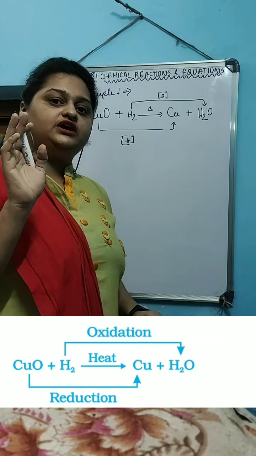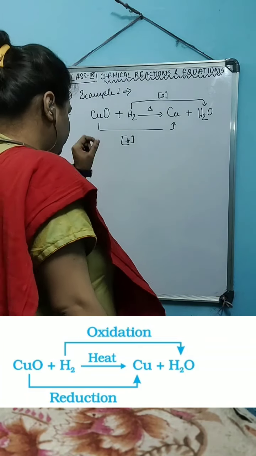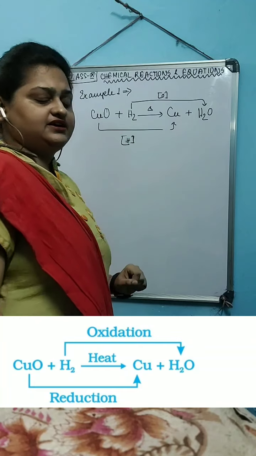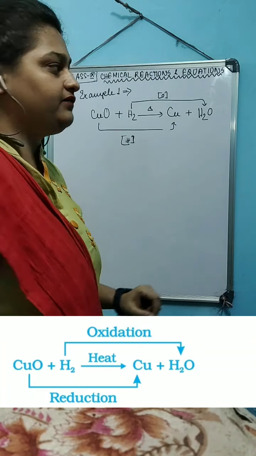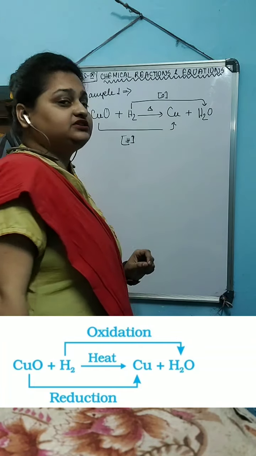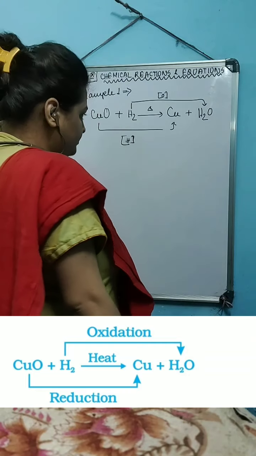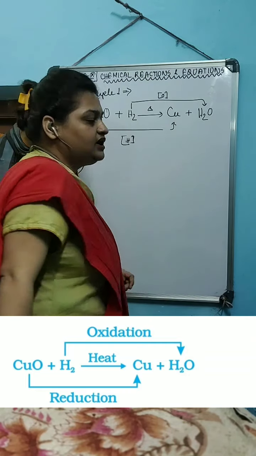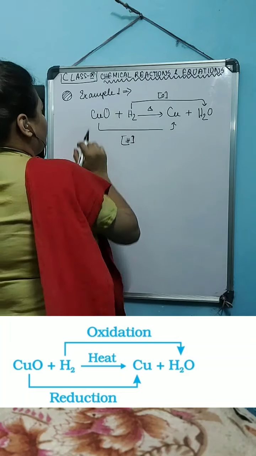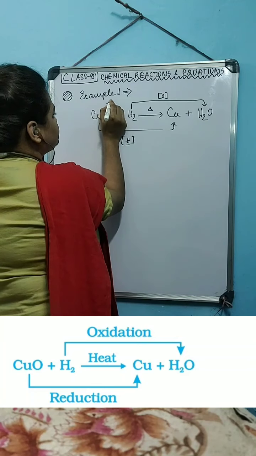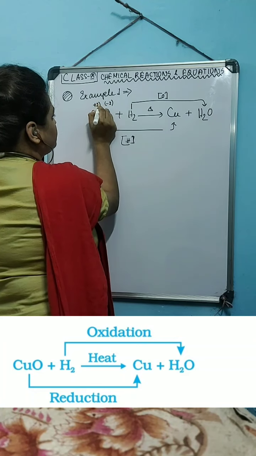But if I apply the electronic definition to explain this chemical redox reaction, we have to consider the ionic charges on individual elements. In copper oxide, oxygen is -2 whereas copper is +2.